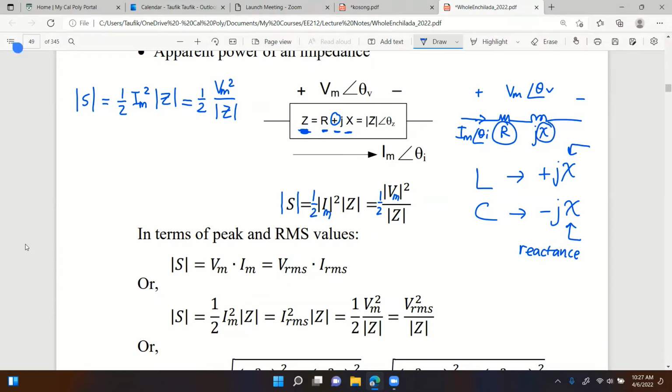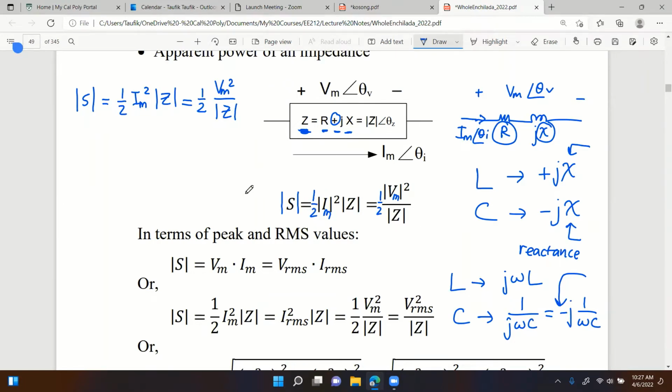For L, the reactance would be J omega L. For C, the reactance would be 1 over J omega C. Well, 1 over J omega C is the same as minus J 1 over omega C. That's how you get the minus sign for C. Hopefully that answers your question. Yeah, thank you.